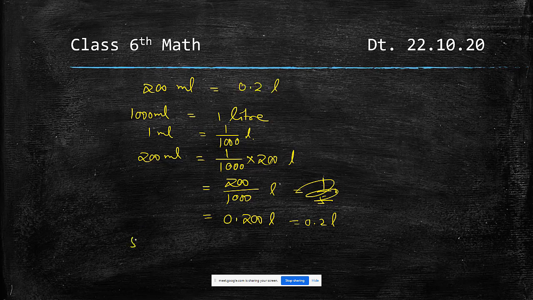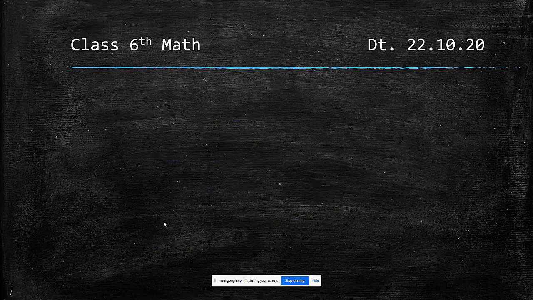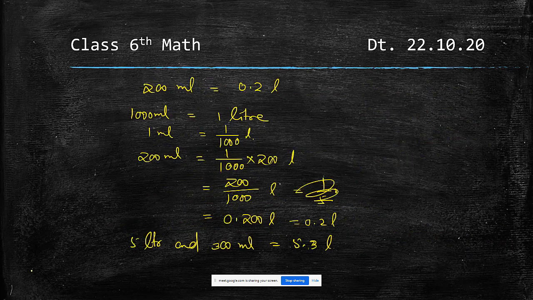If it is given 5 liter and 300 milliliter, it can be presented as 5.3 liter. Okay, and we have discussed this elaborately in our examples. So here I am not elaborating again, I am directly writing 5 liter and 0.3 liter.